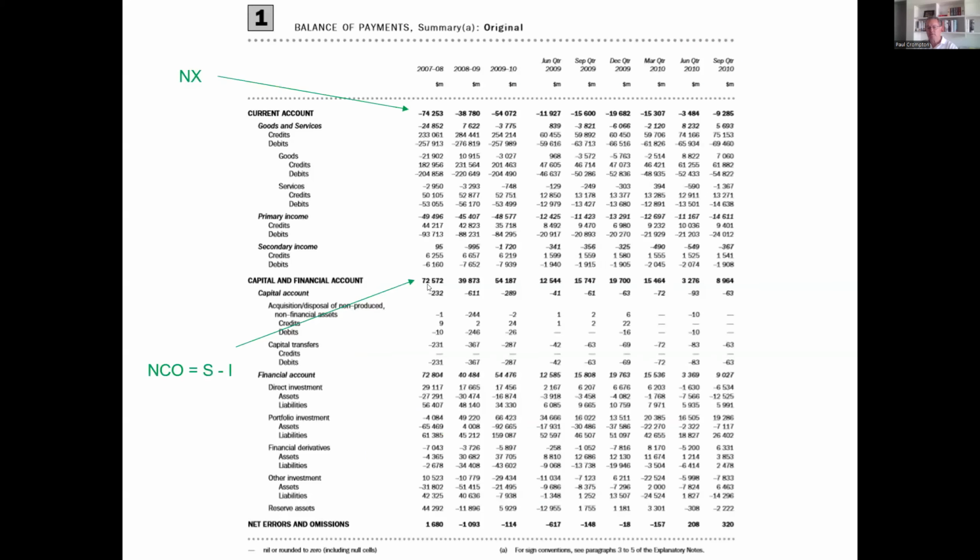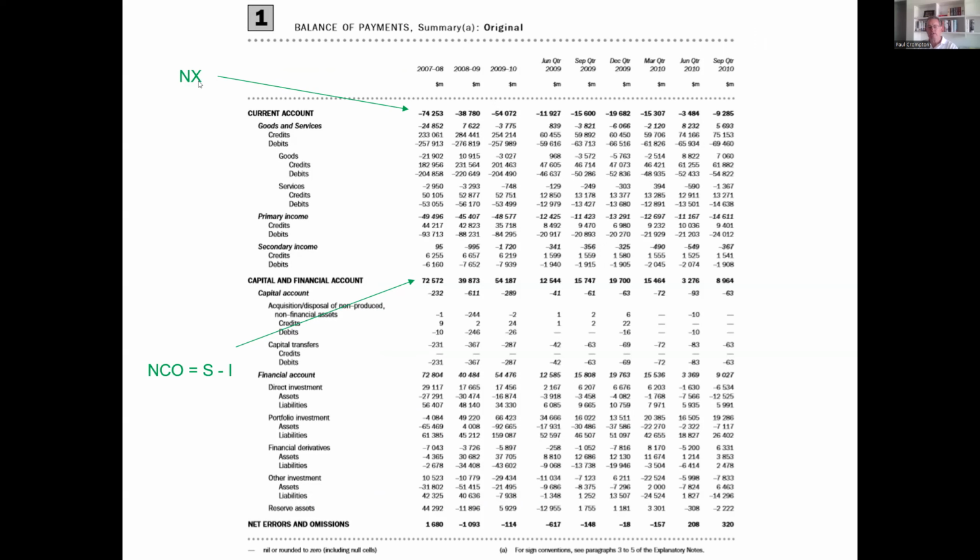So from here to here, the S minus I line shifts to the left. From that year to that year, the S minus I line shifts back to the right. So you need to understand that this value here, the value of the capital financial account balance, is represented by the value S minus I, so savings minus investment.